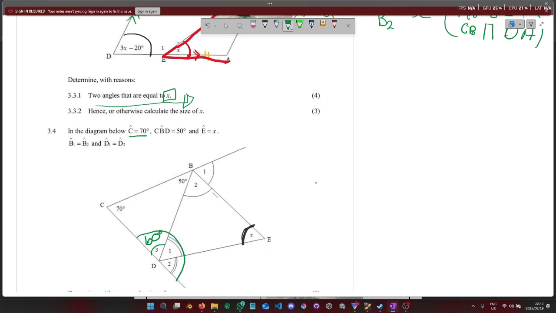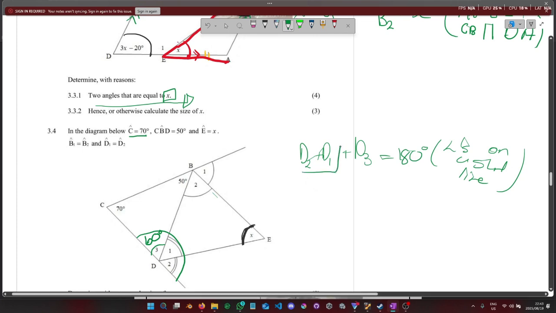So we can say D2 plus D1 plus D3 is equal to 180 degrees. Why? Because of angles on a straight line. Then we can make this into one variable.